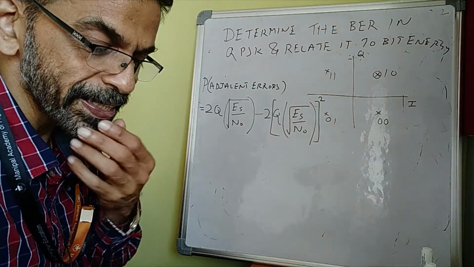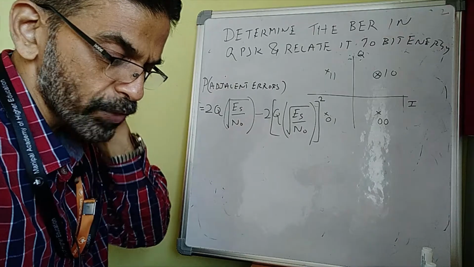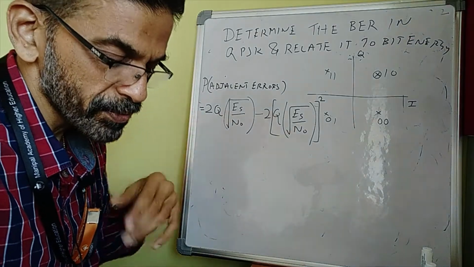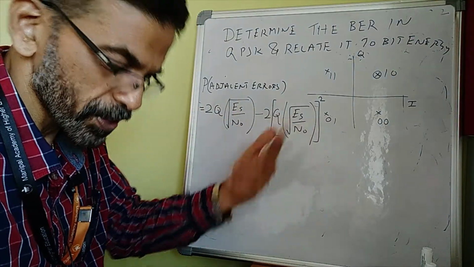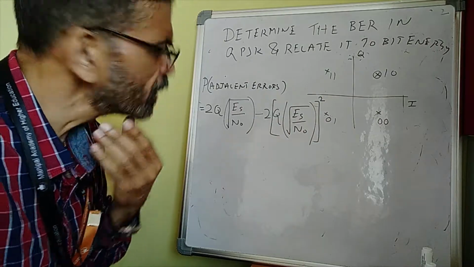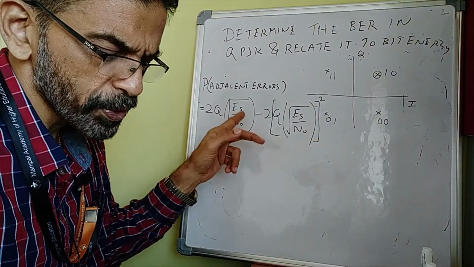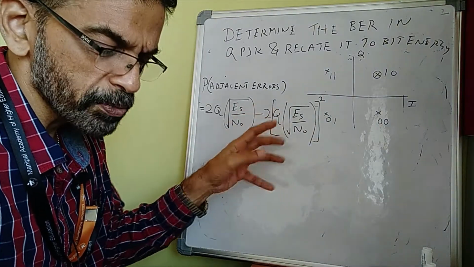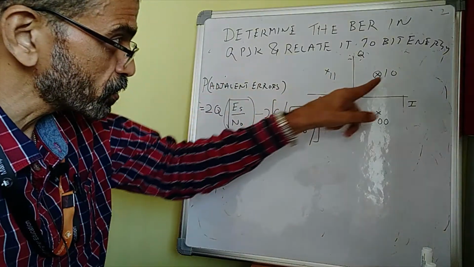This was done in lecture 12. I had derived this by going through certain detailed steps, so I'm just writing down the result here. So 2Q root Es by N0 minus 2Q root Es by N0 the whole square. That is the probability of adjacent type errors, that is these type of errors.